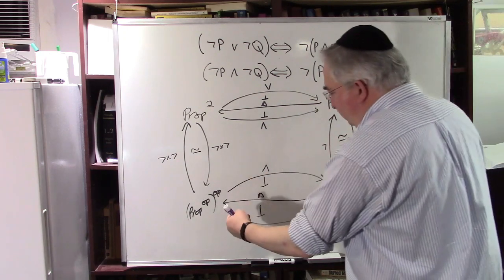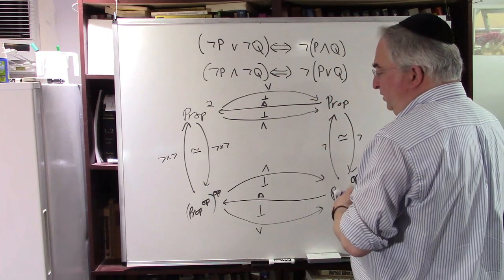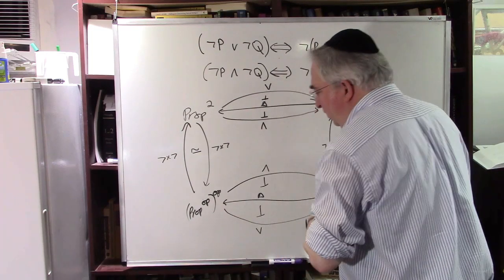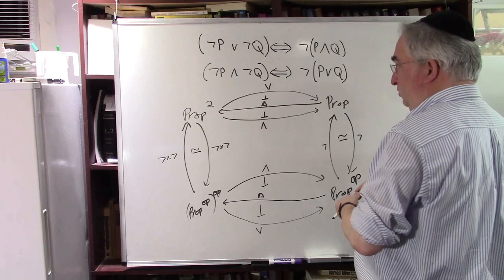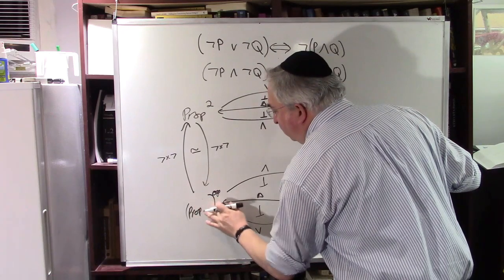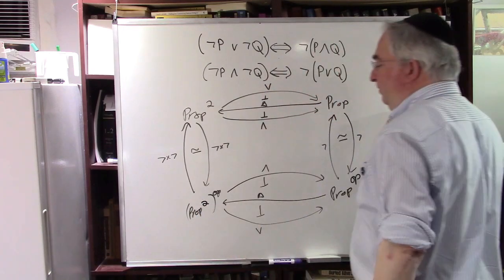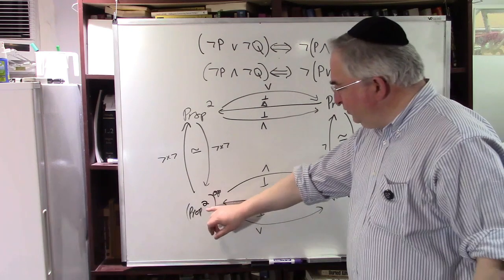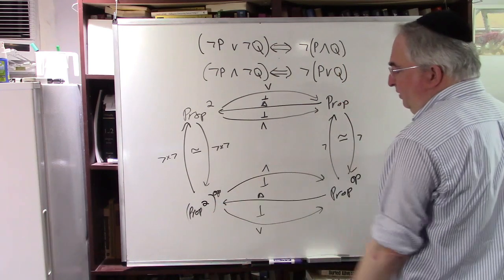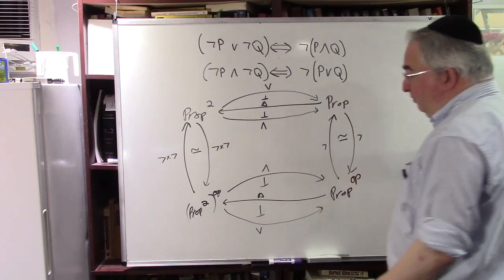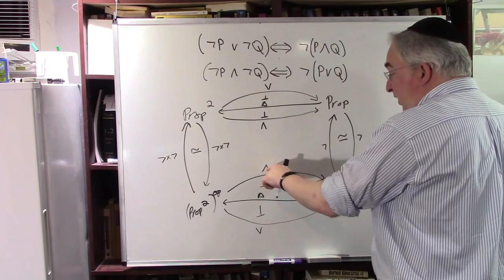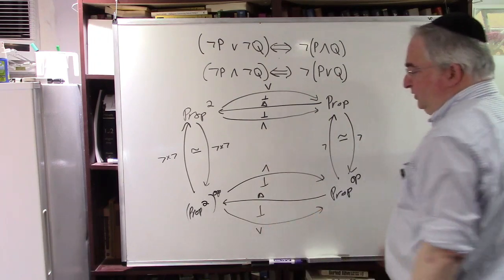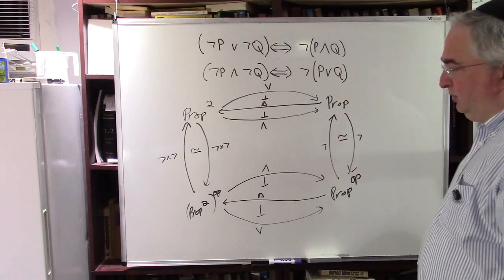Here's the exact same thing, but with the opposite over there. So prop goes to prop squared, but the arrows are going to be inverted. Now, the arrows inverted means that coproducts become products, products become coproducts. So that's this adjunction between them.